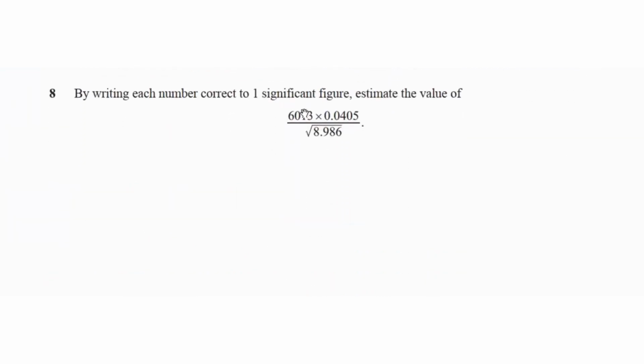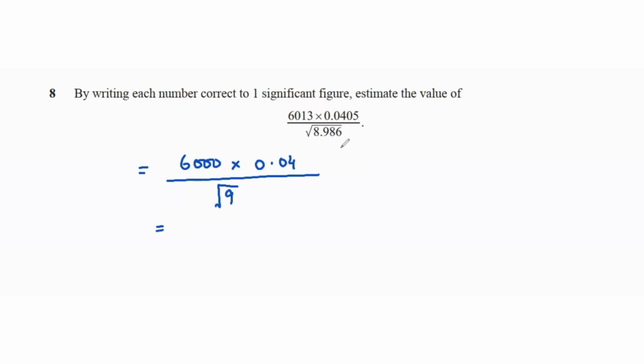By writing each number correct to one significant figure, estimate the value of this. So 6013 is going to be 6000. 0.0405 will be 0.04. And 8.986 is going to be 9. So you square root that.